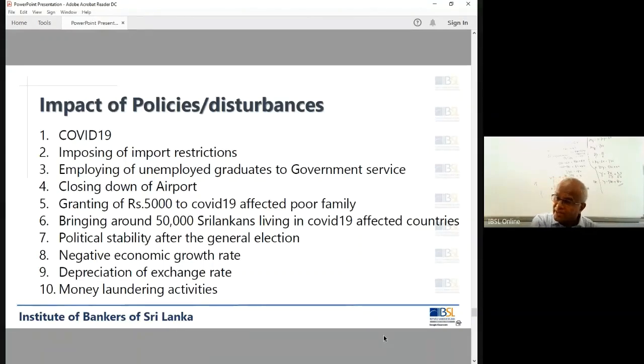Now gradually they are picking up, but with the local tourists, right? Local tourists now have a much greater demand within the country. Hotel rates are coming down, packages are there. So that's also a good development. Foreign tourists are not coming, local tourists are going.